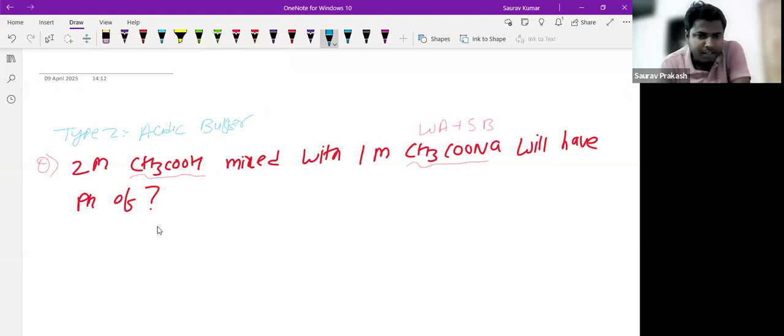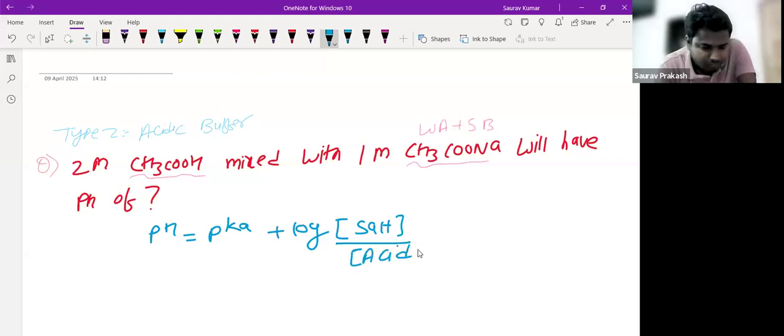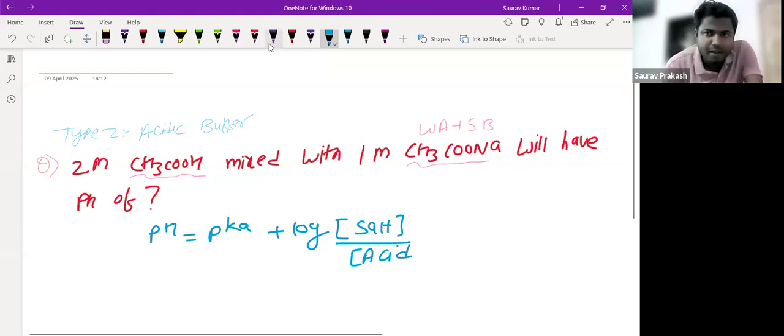And we have learned the formula for acidic buffer: pH equals pKa plus log salt upon acid. This is the formula. And the Ka value for acetic acid is given as 10 raised to power minus 5.